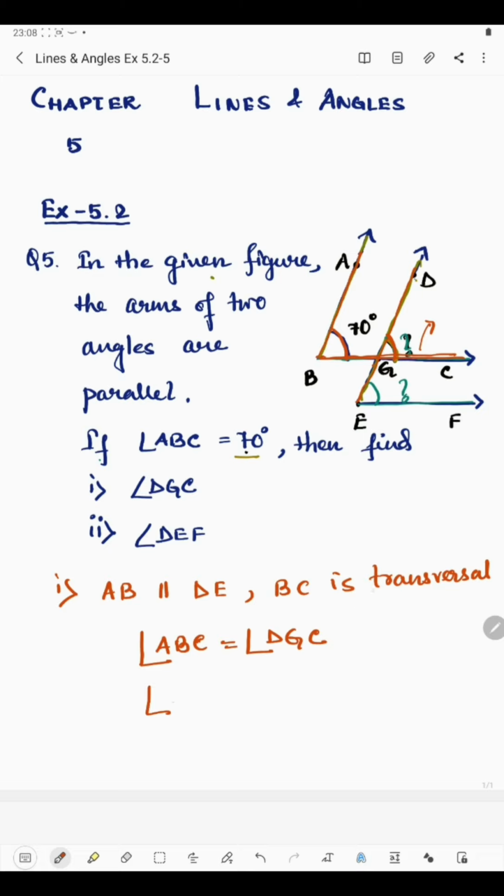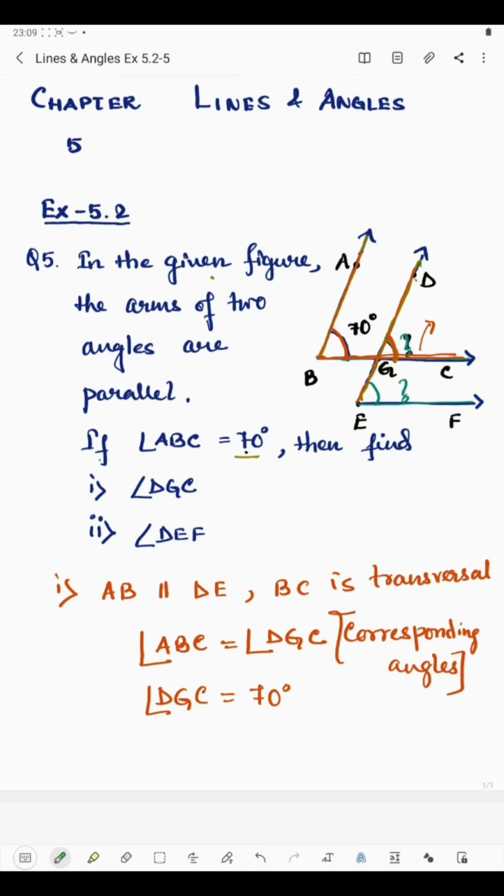So here we will have to give the reason also that these are corresponding angles. So if angle ABC is 70 degrees and it is equal to DGC, so angle DGC also will be 70 degrees.